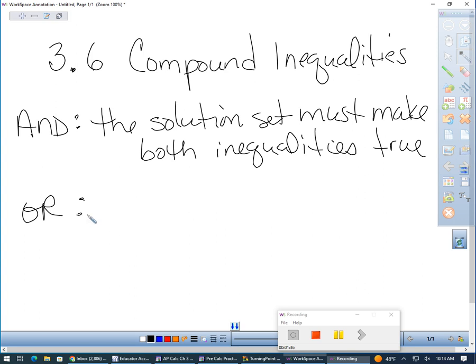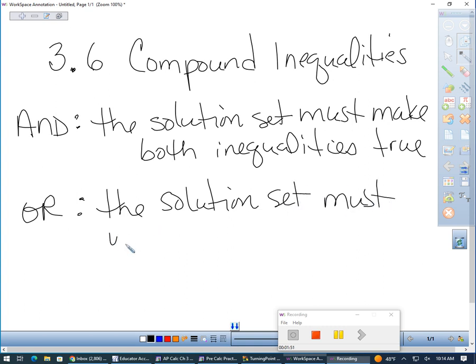For an or inequality, the solution set must work for one inequality or the other.